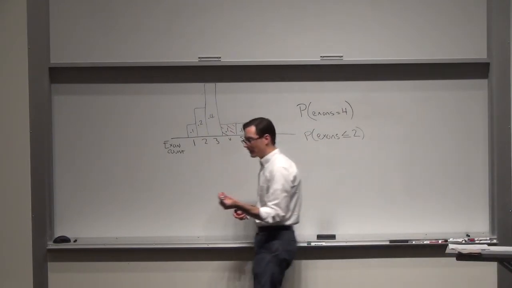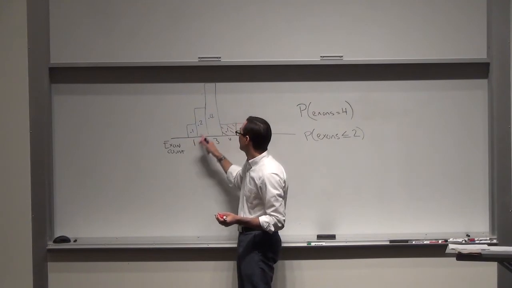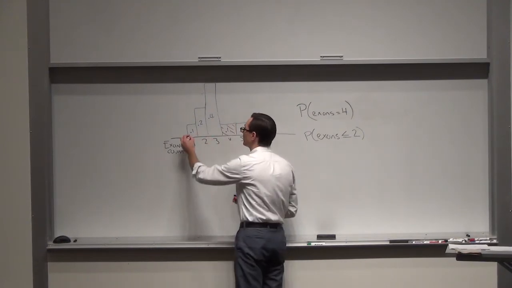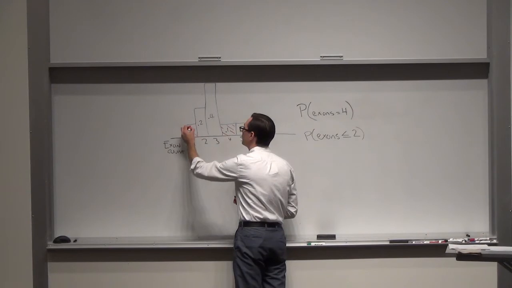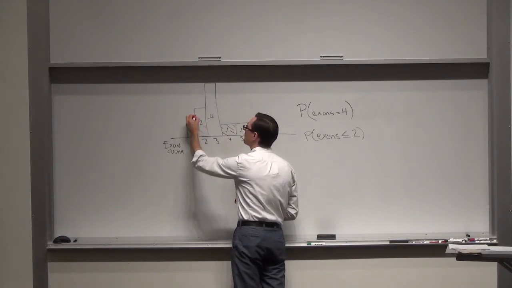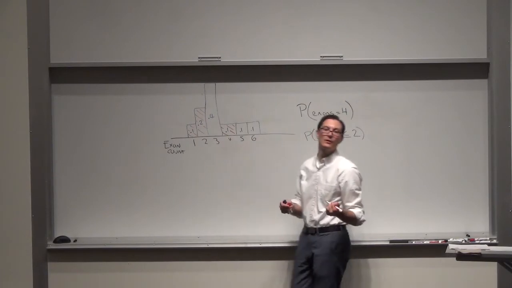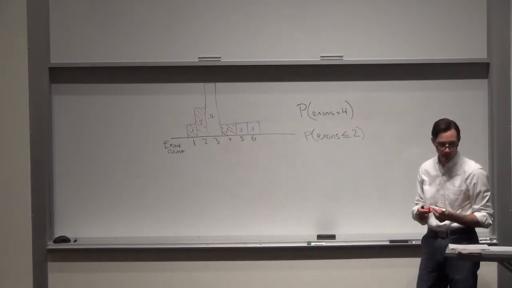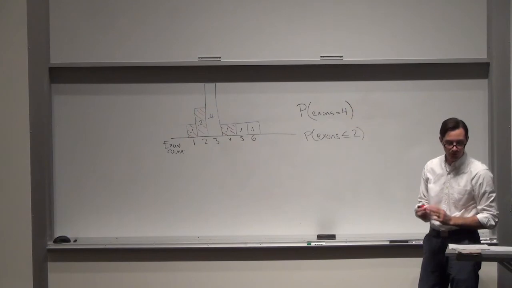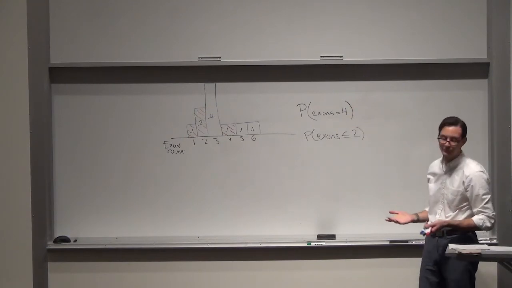And so another way of looking at that is the whole area that we're interested in here is 2 or fewer. And so together those add up to 0.3. All right. So that's simple.